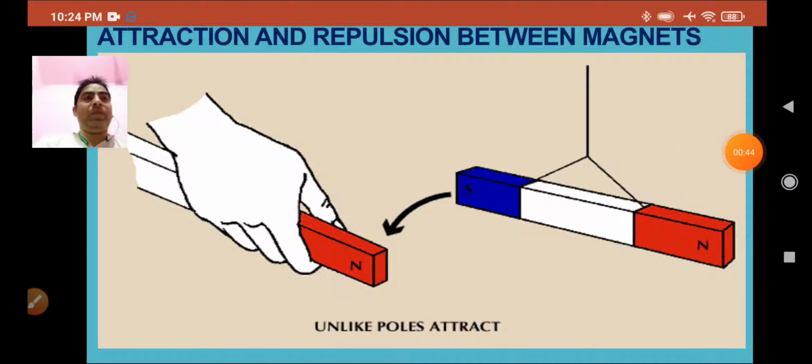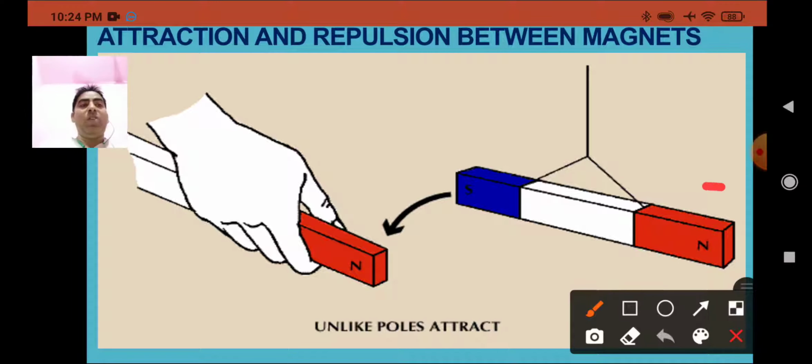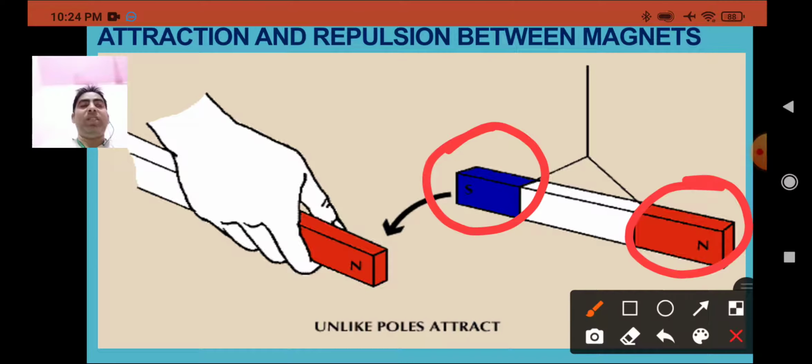You see that the south pole of a suspended magnet, where the north pole is this side and the south pole is this side, moves toward the north pole of the handheld magnet. This means that the south pole of one magnet attracts the north pole of another magnet.